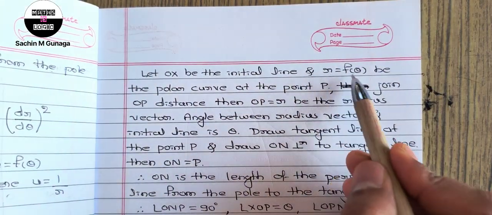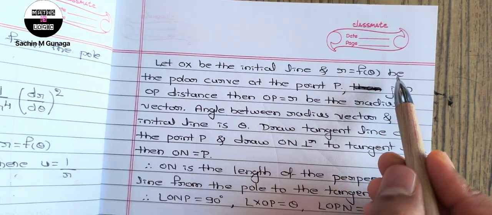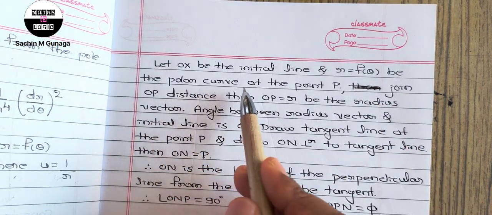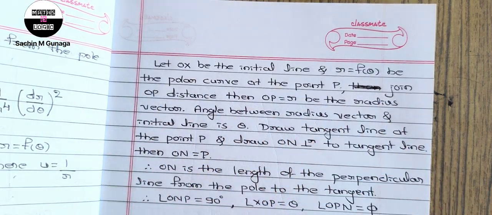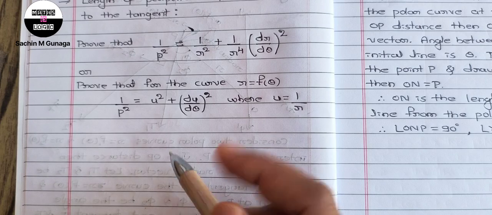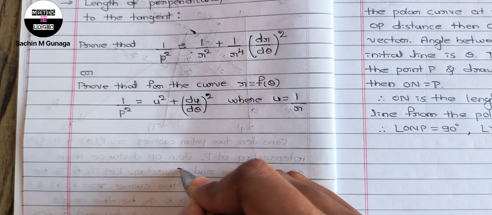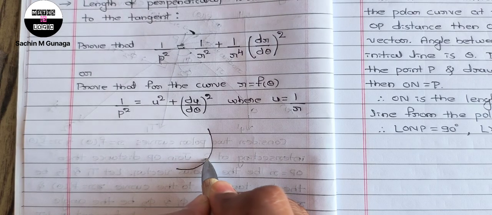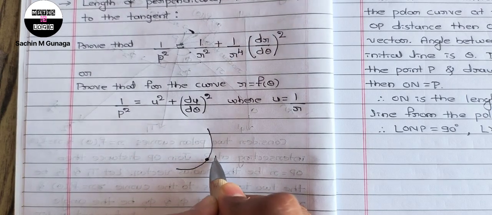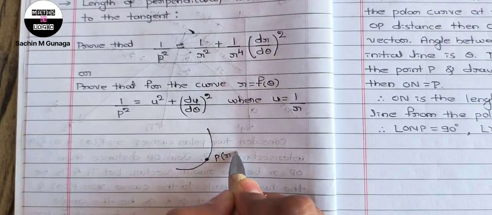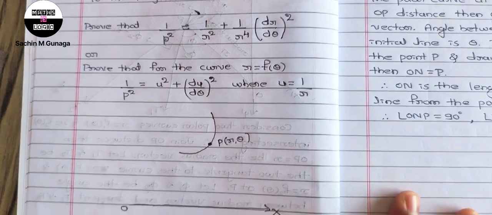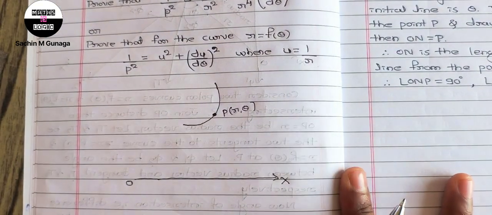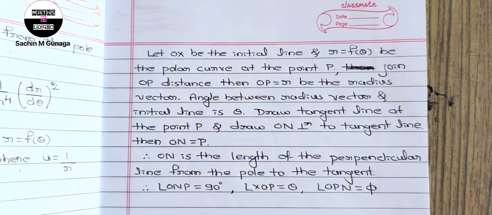Next, r is equal to f of theta be the polar curve. So here I am going to consider one polar curve, and this is the point P, that is r comma theta.